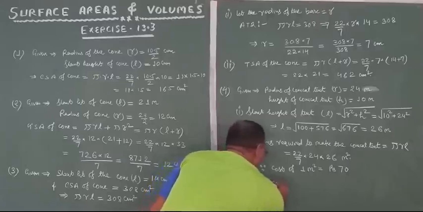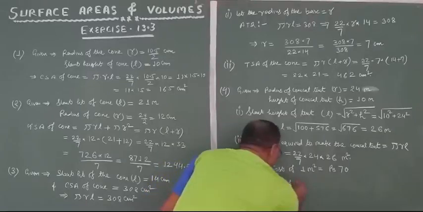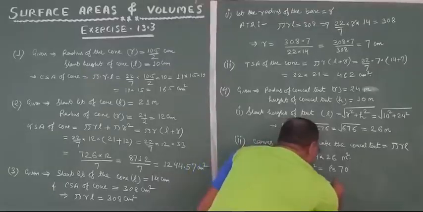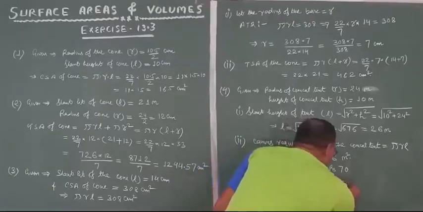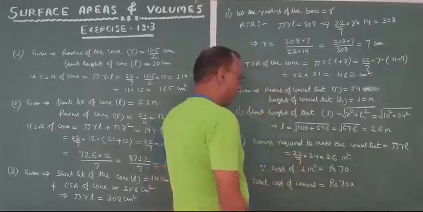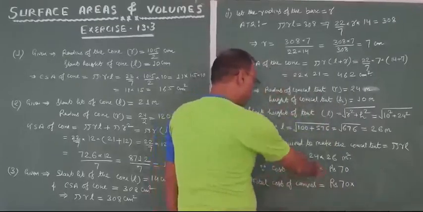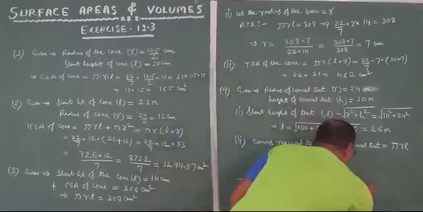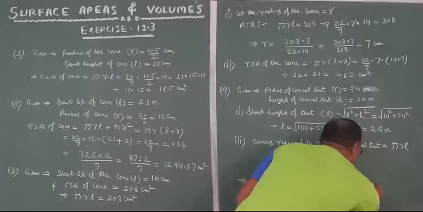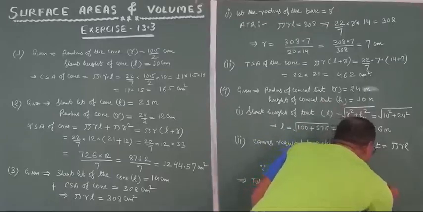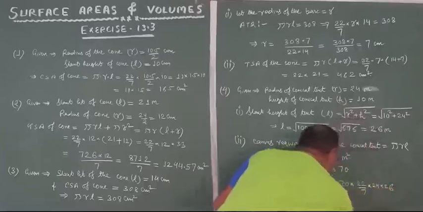Now total cost of canvas, that will be rupees 70 into canvas required, 22 upon 7 into 24 into 26.